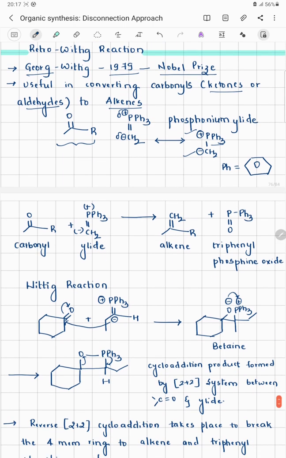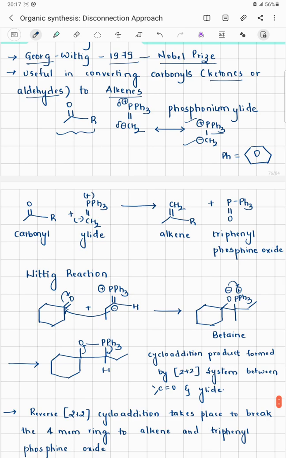For example, if I observe a carbonyl system with a carbonyl carbon, the ylide can attack, that is, the negative charge on the ylide can attack the carbonyl carbon. In turn, it is going to give me an alkene, and the byproduct I am going to get is triphenyl phosphine oxide.